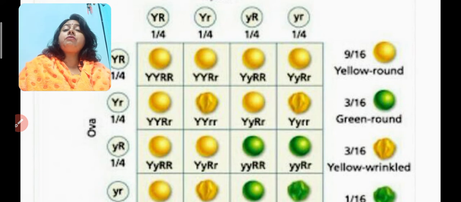So, green and round 3, yellow and wrinkled 3, which gives the phenotypic ratio of the dihybrid cross to be 9:3:3:1. So, Mendel got the phenotypic ratio of the dihybrid cross as 9:3:3:1. And what he further said?